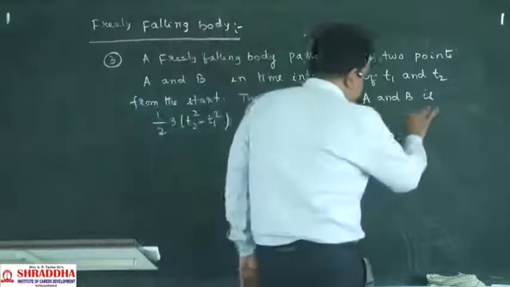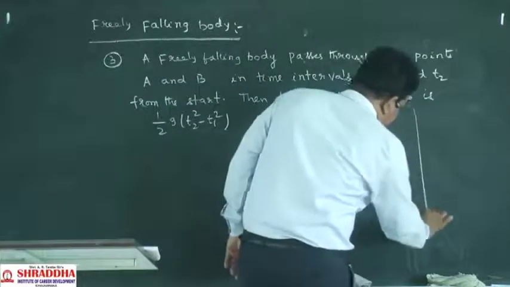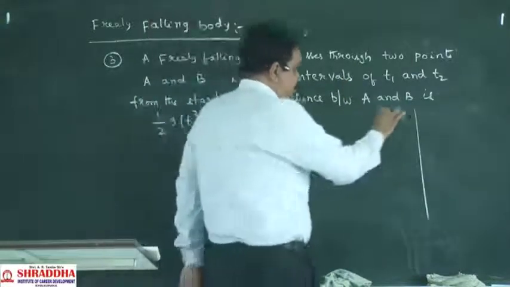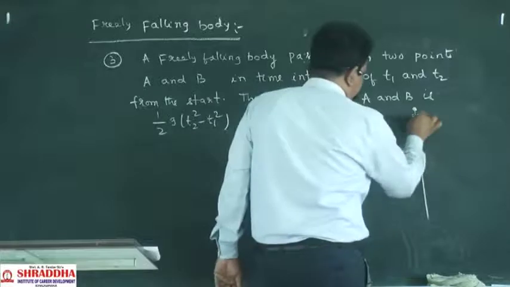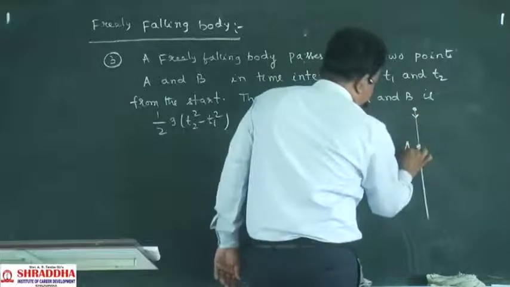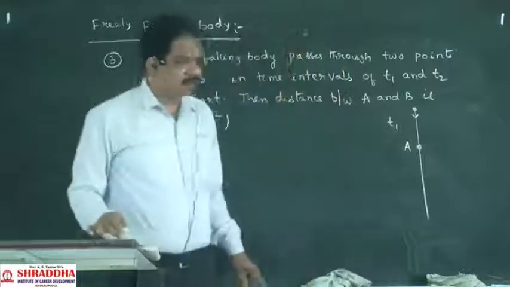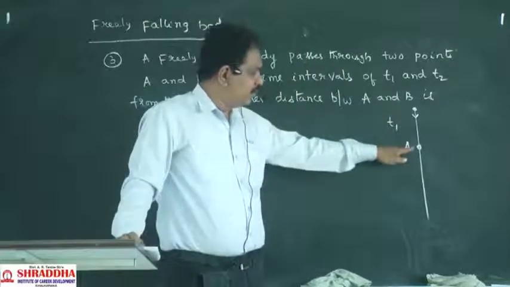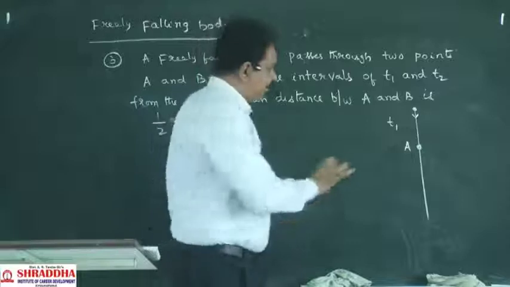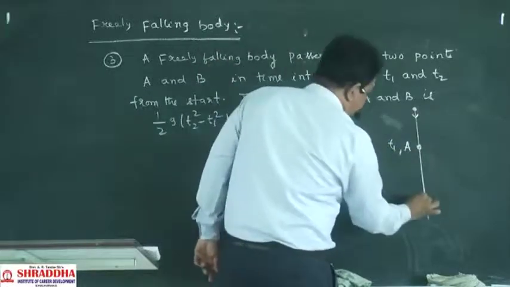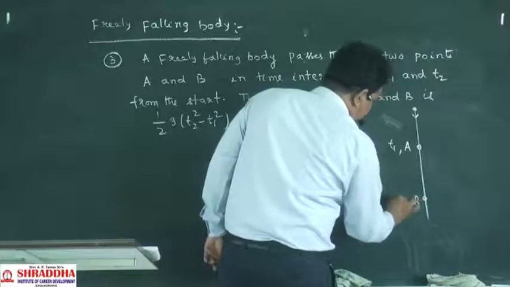What is the meaning of that? See, the body is freely falling from this point. To come to the point A, it took a time T1. Point B is here.